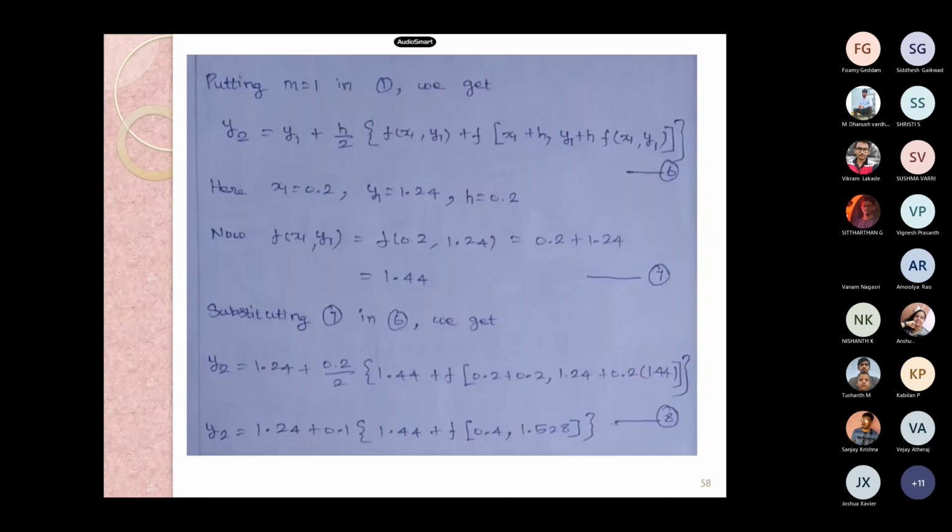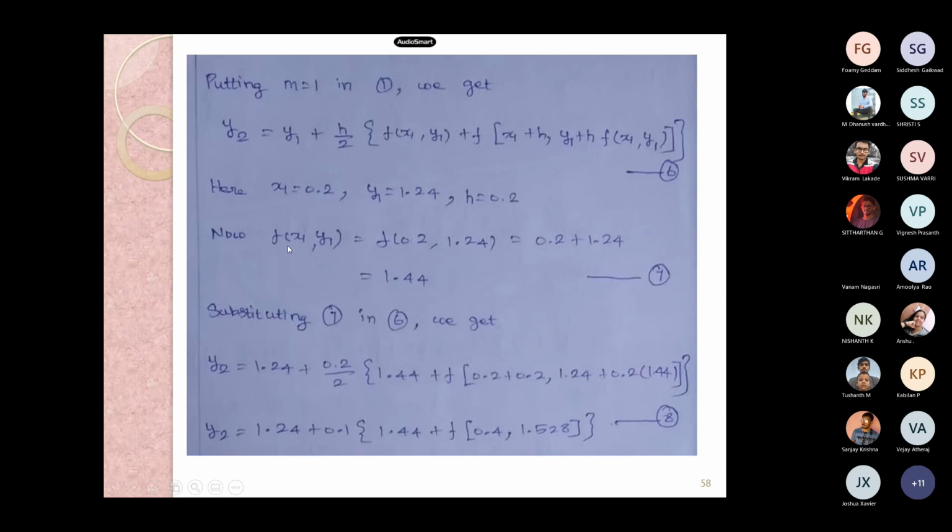By putting m is equal to 0, we derived y1. By putting m is equal to 1, you will get y2. And we are aware our x1 is equal to 0.1 and our y1 is equal to 1.2, our h is equal to 0.2.